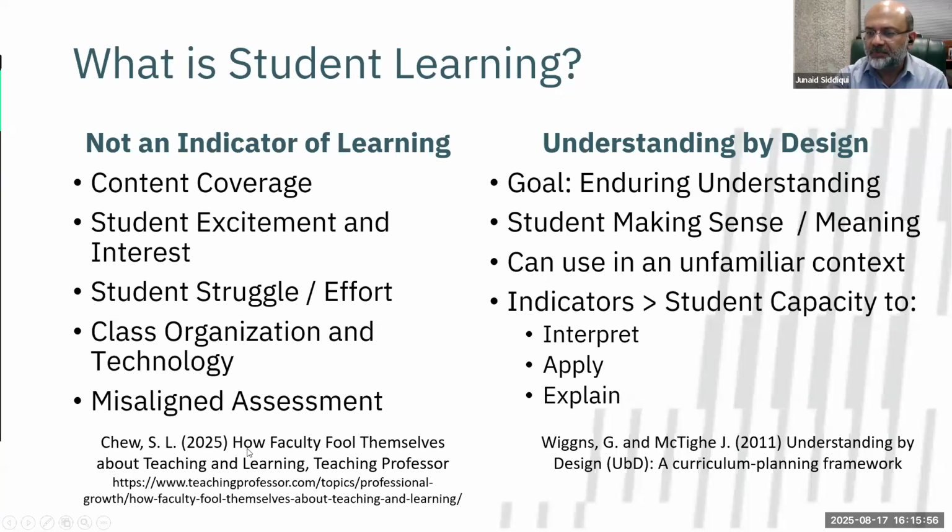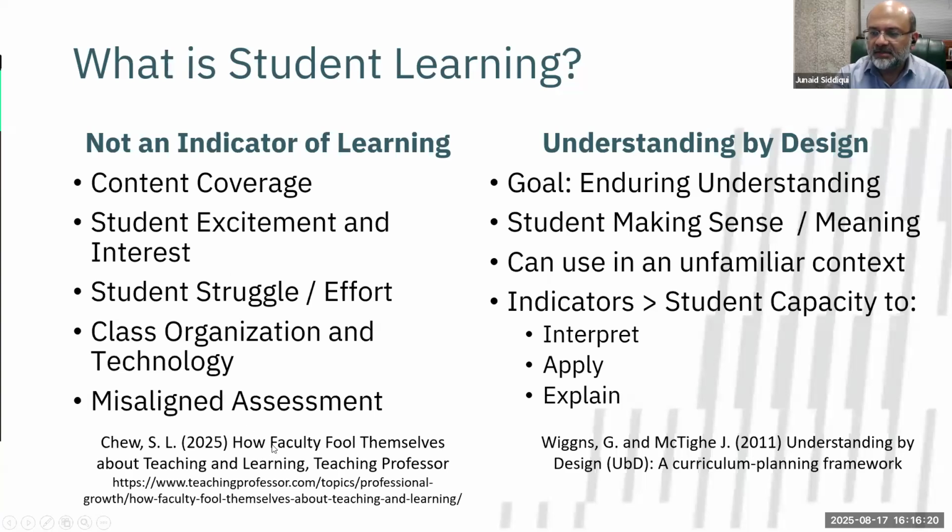So this side comes from a paper which says how faculty fool themselves about teaching and learning. This article argues that as instructors, we spend quite a lot of effort and time thinking about content coverage and making students excited. Even when students struggle and put in effort, we also consider it an indicator of learning.